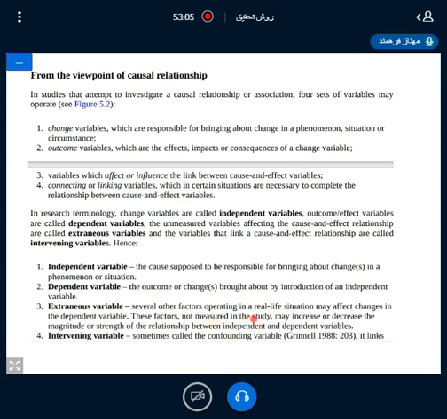These factors are not measured in the study. So please notice, not measured. Extraneous variables not measured in the study may increase or decrease the magnitude or strength of the relationship between independent and dependent variables. And the fourth variable is intervening variable. Intervening variable, sometimes called the confounding variable.